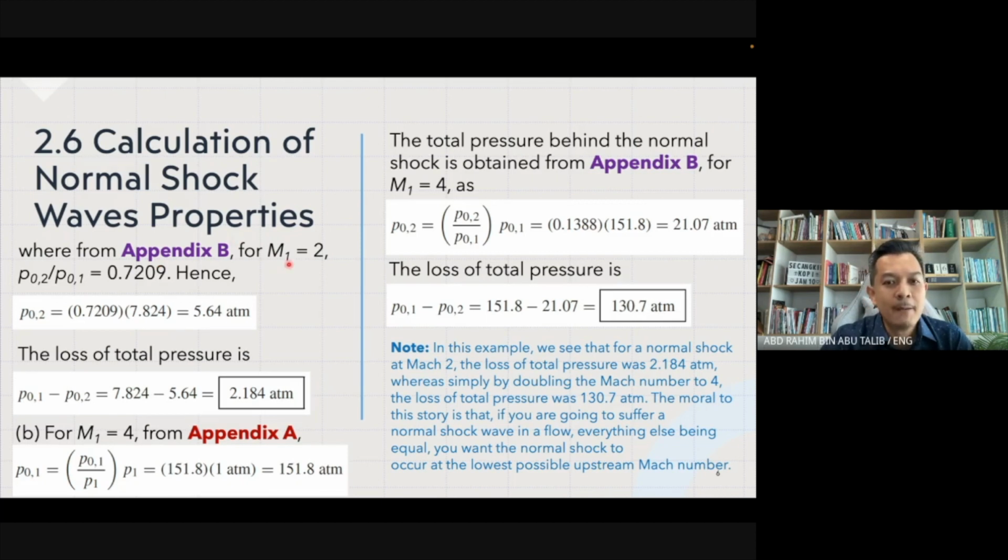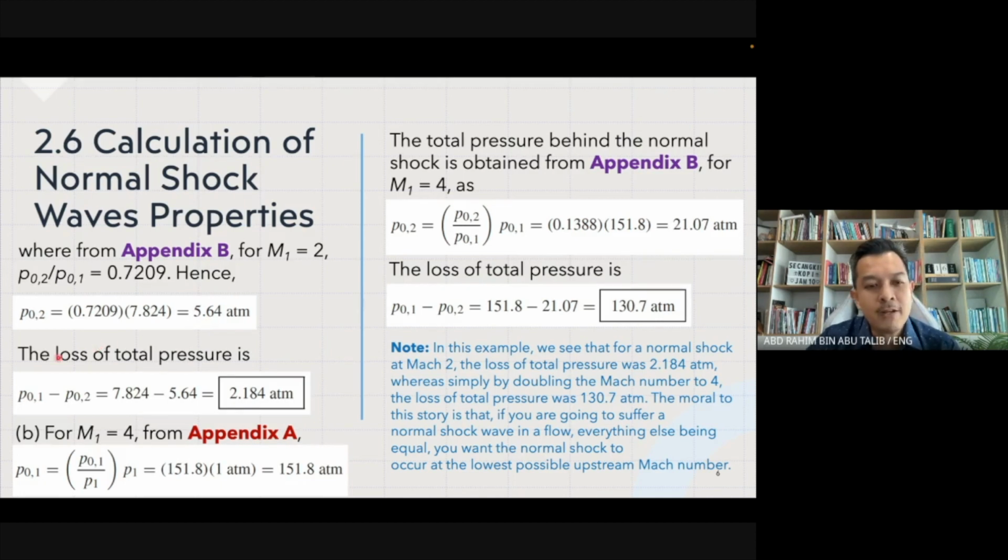For M1 equal to 2, in Appendix B we have P02 over P01, which is equal to 0.7209. So then, using the expression that we have already looked at just now, we can obtain the value of P02, which is 5.64 atm.